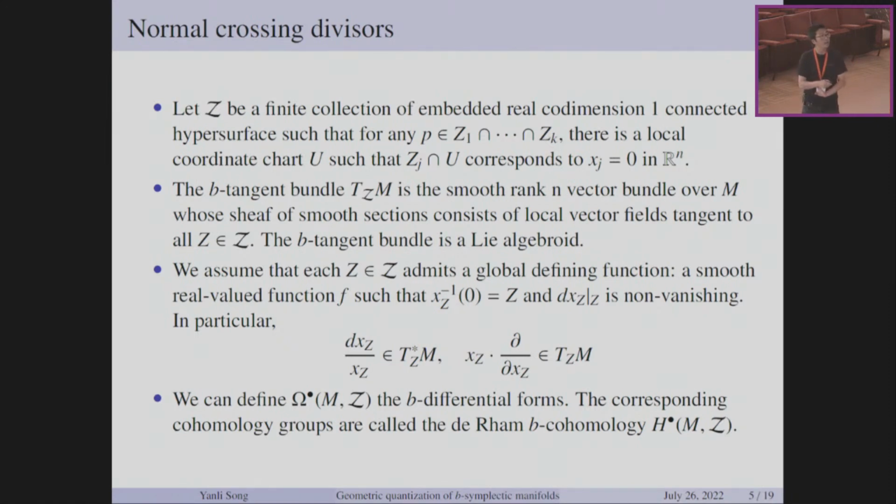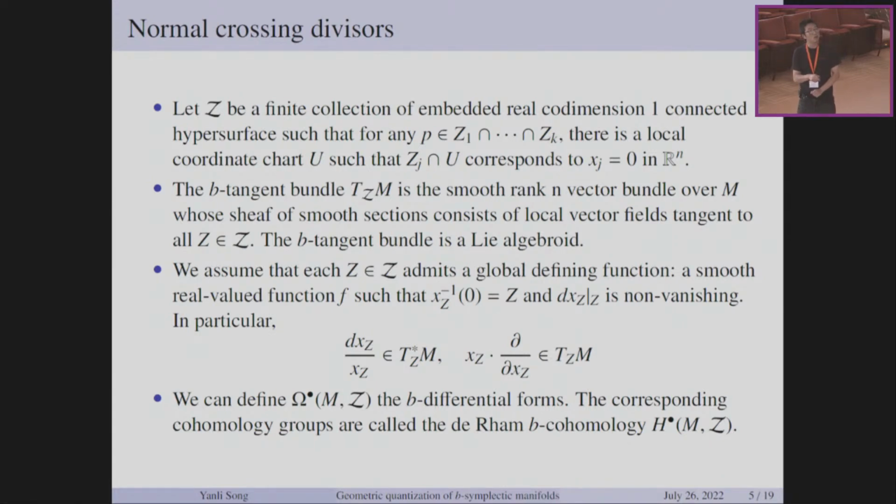The b-tangent bundle I will denote by TZM. It is the smooth rank 1 vector bundle whose sheaf of smooth sections consists of local vector fields tangent to the hypersurface Z. And it's known that this b-tangent bundle is a Lie algebroid. For example, what does the b-tangent bundle look like?